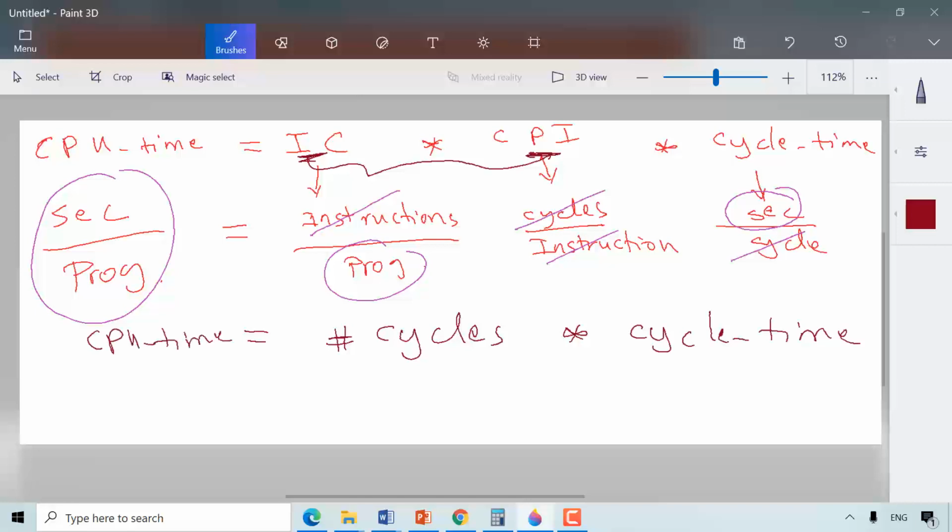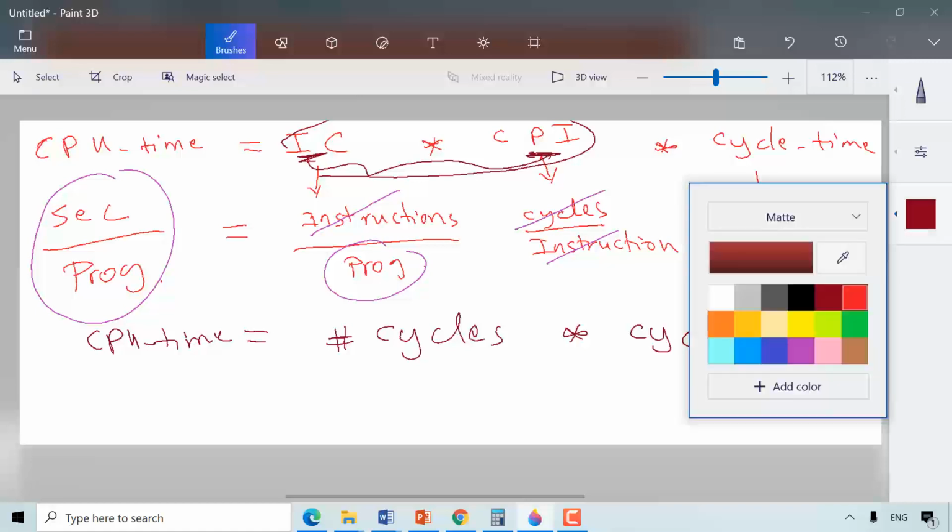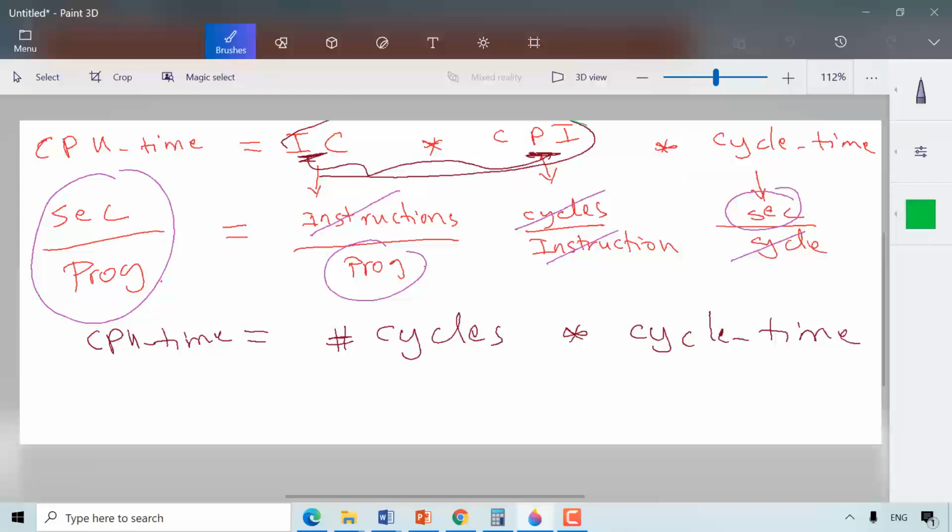So don't let anybody fool you by re-expressing this rule in a different way. It's the same thing. All we did was merge these two terms into one thing called number of cycles in the program. Now, I can also merge these two terms. And in this case, what I have is instruction time.